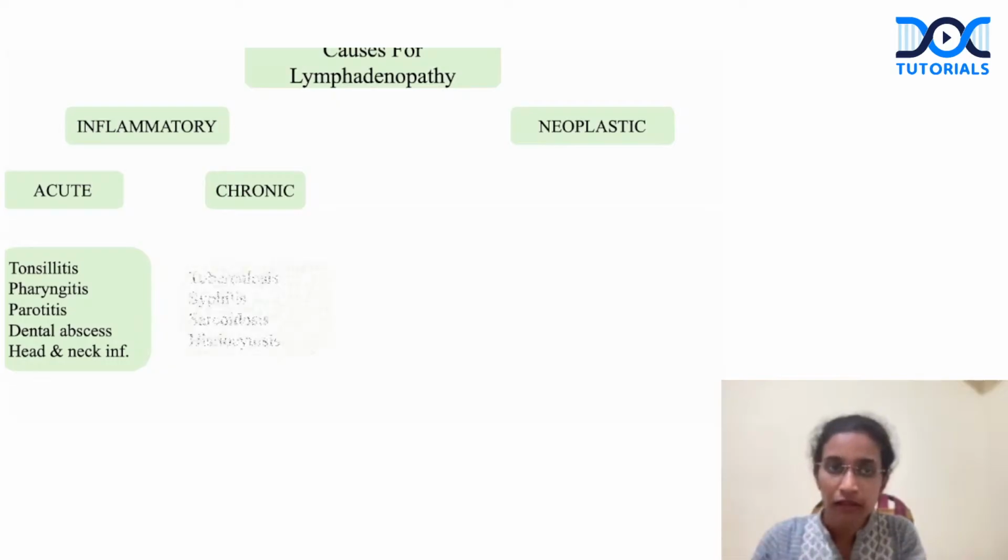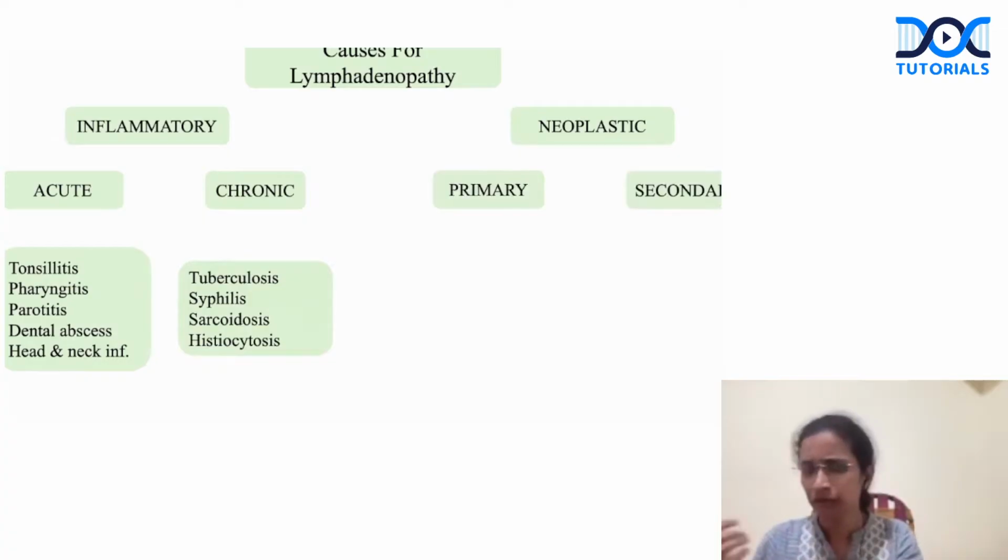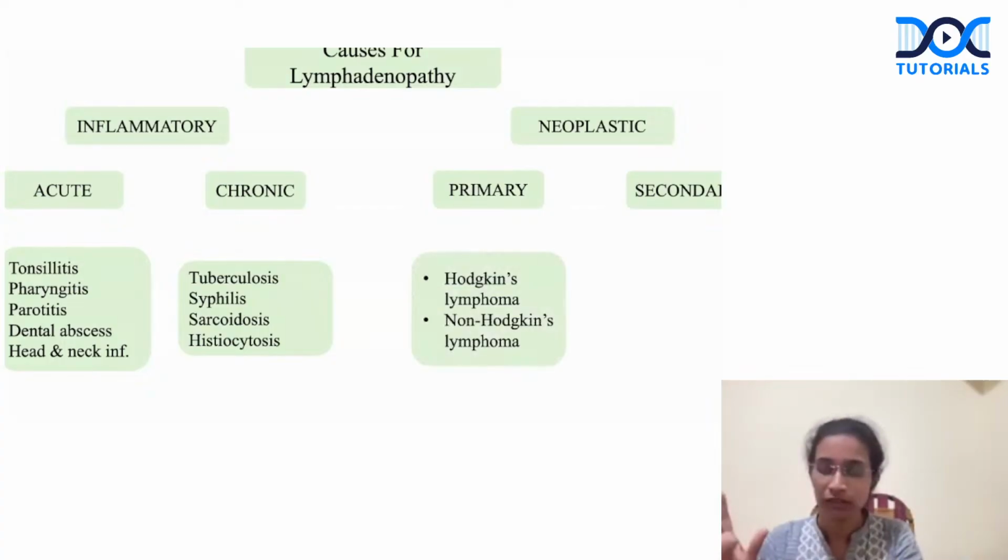Now, coming to the chronic inflammatory causes of lymphadenopathy, you need to think in terms of tuberculosis, syphilis, sarcoidosis, and histiocytosis. Coming to neoplastic causes, it could be either primary or secondary from any other primary. The primary cause for cervical lymphadenopathy could be Hodgkin's or non-Hodgkin's lymphoma.